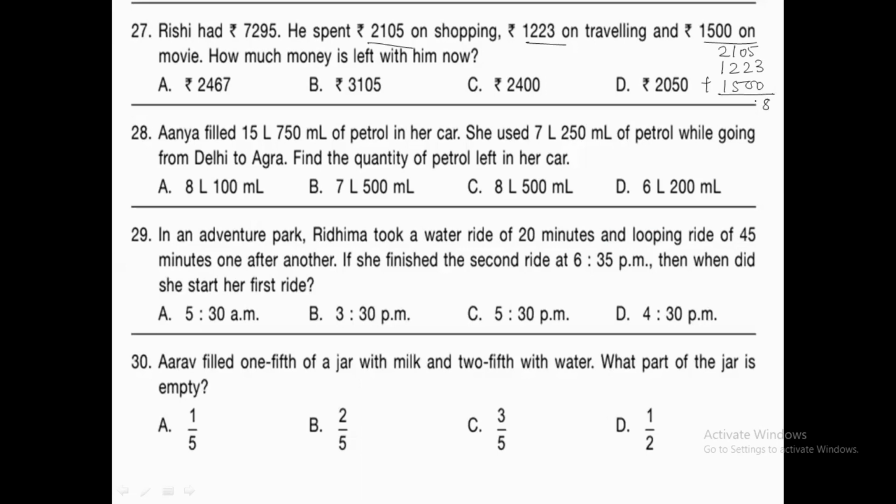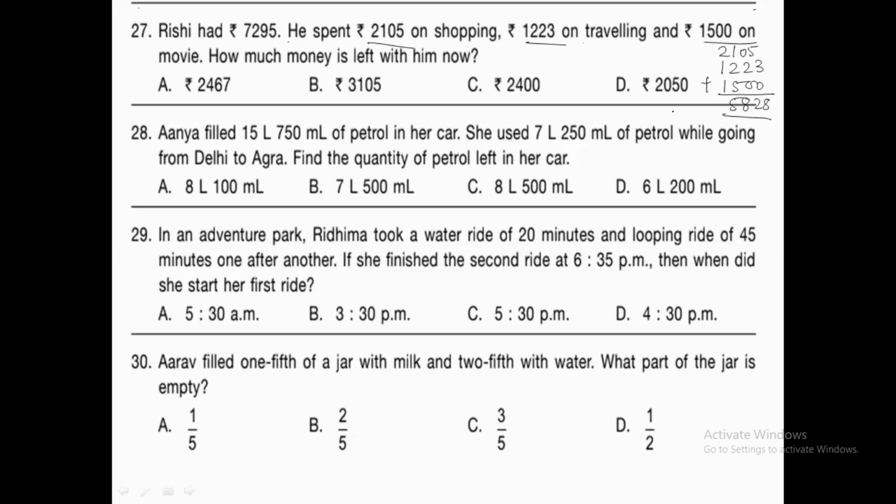Okay, when we are adding it, what are we getting? 5 plus 3 is 8. 2 will remain the same. 1 plus 2 is 3 plus 5 is 8. And 2 plus 1 plus 1 is 5. So we are getting 5,828. So he spent 5,828 out of 7,295.